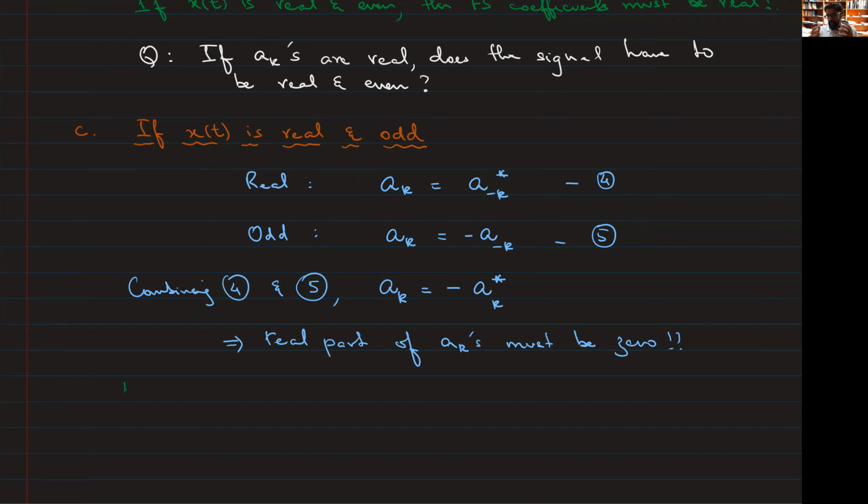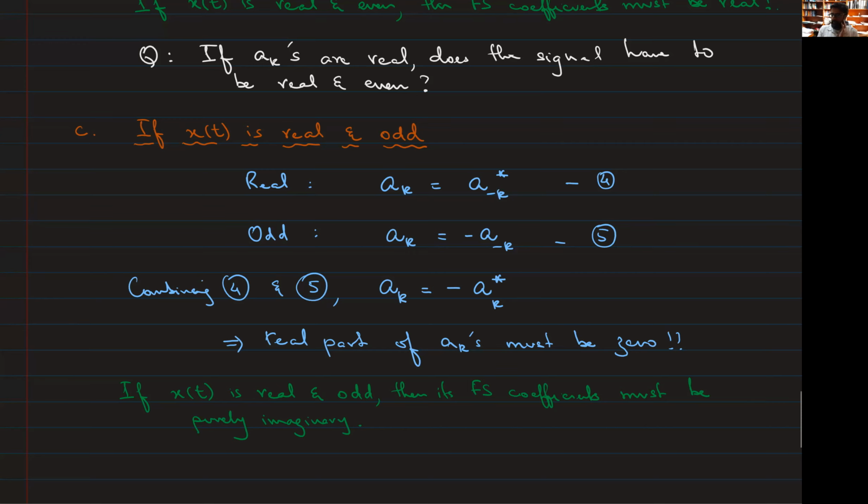So if x of t is real and odd, then its Fourier series coefficients must be purely imaginary. What that means is the real part must be 0. Okay.